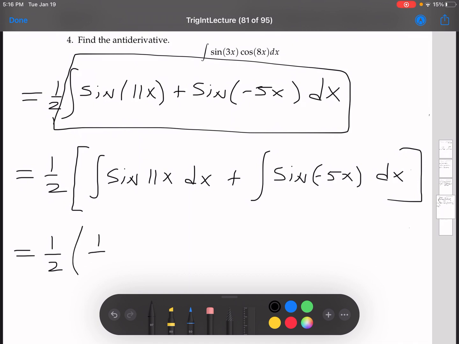So this will be 1/11. Let's see. Derivative of cosine is negative sine, so this will be a negative cosine 11x.